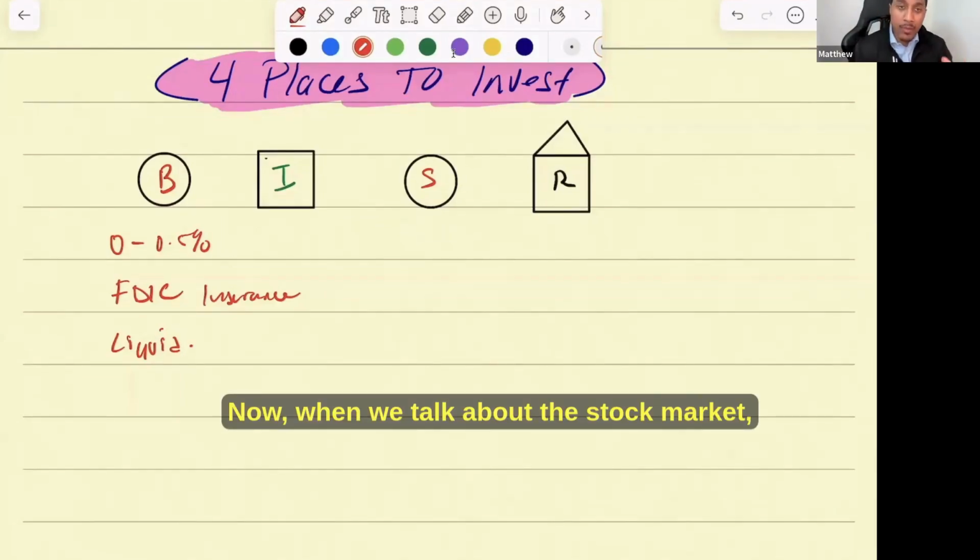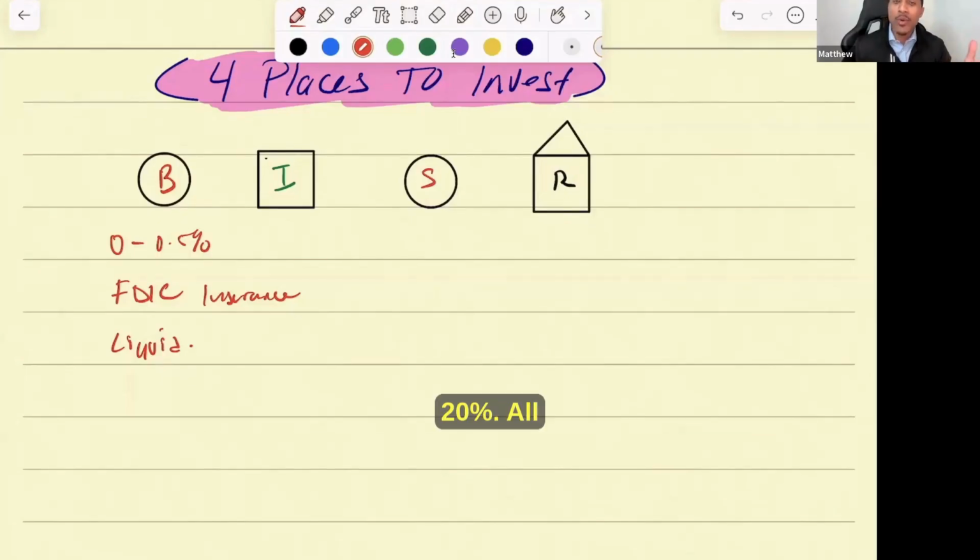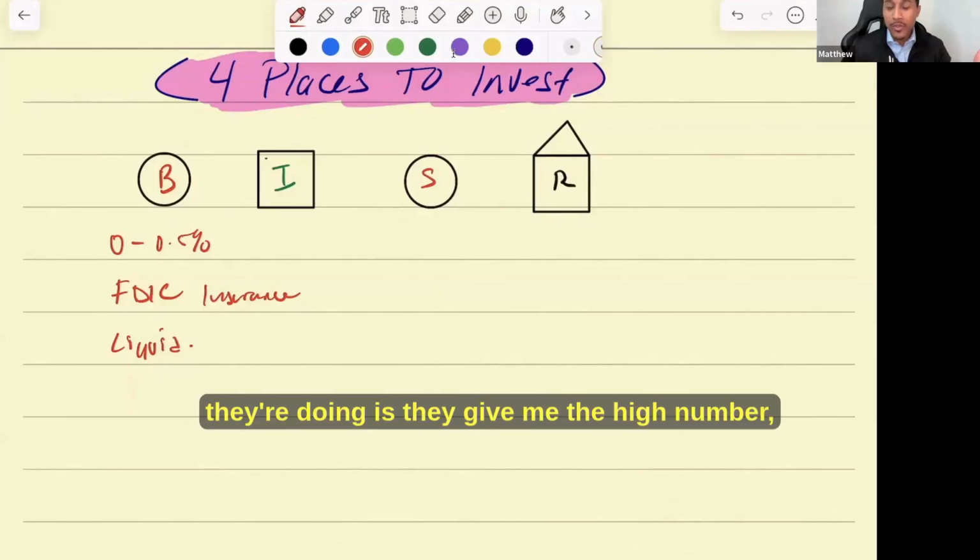Now, when we talk about the stock market, what's the rate of return in the stock market? People give me numbers anywhere from 8 to 20%. All they're doing is they give me the high number, but nobody mentions their losses. So let's just say anywhere from 10 to 18%.